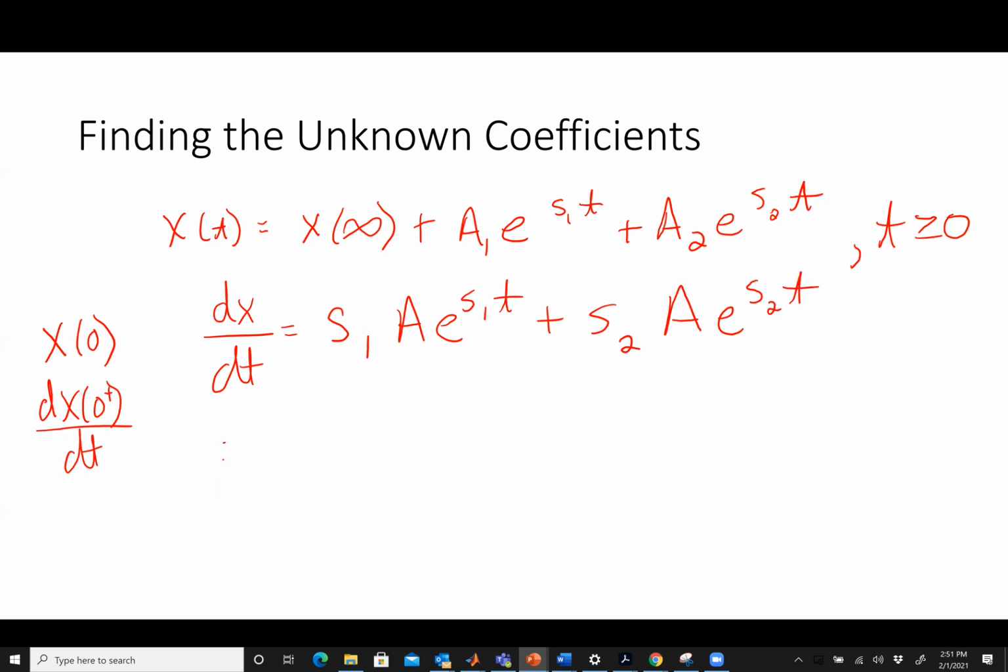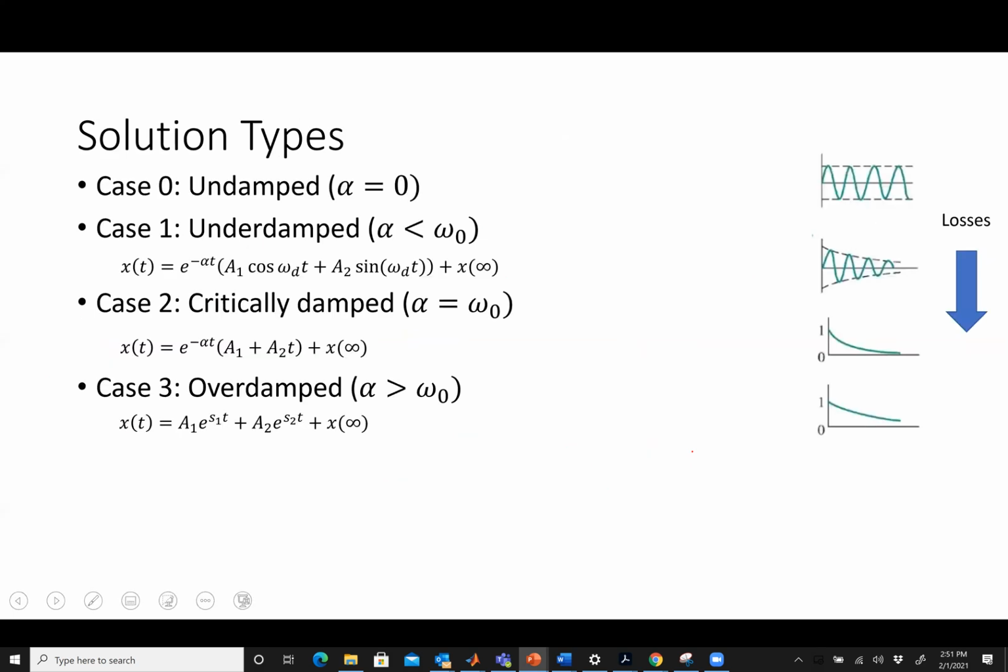Now, at t equals 0, that guy simplifies nicely, doesn't he? What's he going to simplify to? What happens to e to the s times 0? Goes to 1. Goes to 1, right? So this guy's going to go s1 a1 plus s2 a2.